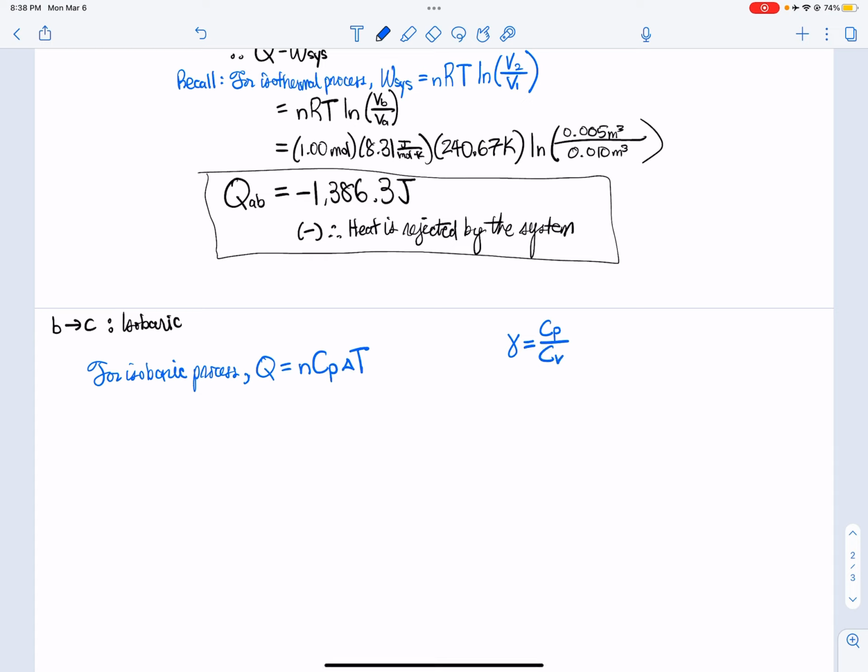So CP over CV. All right. And so we could say that CP is equal to gamma CV, right? Also know that gamma, or the ratio for molar heat capacity for a diatomic gas, value is 1.40 for a diatomic gas. Okay?